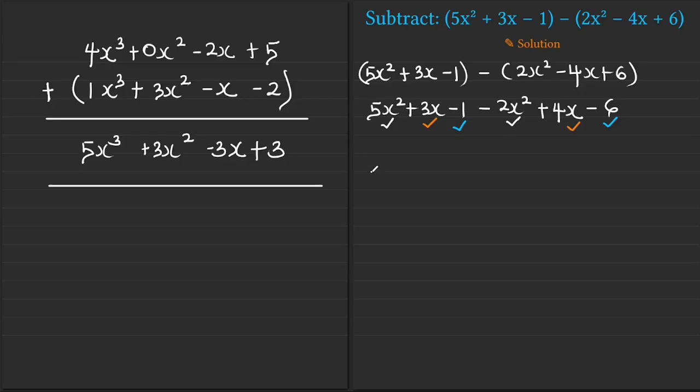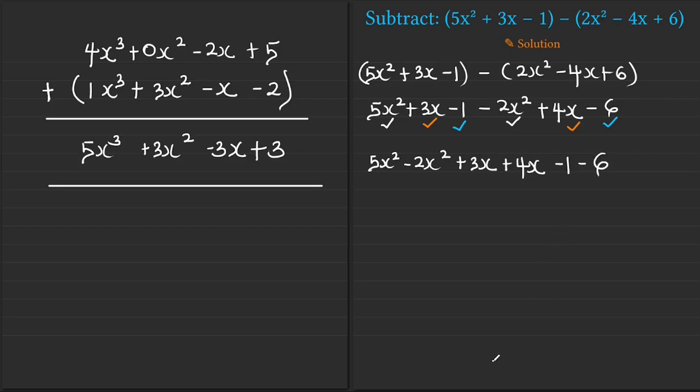So with that, we have our 5x squared moving with the negative 2x squared. Then we come to that of x. So positive 3x also moving with the positive 4x. And for the last one, we have our negative 1 also moving with our negative 6.